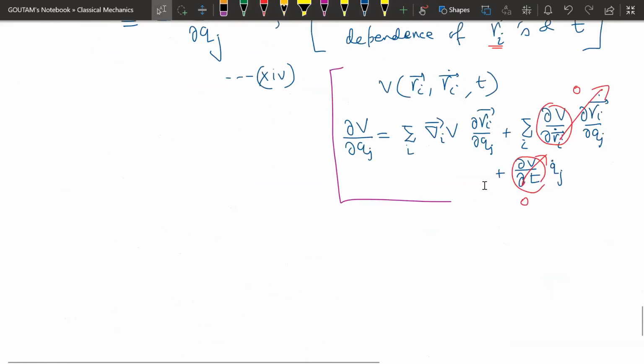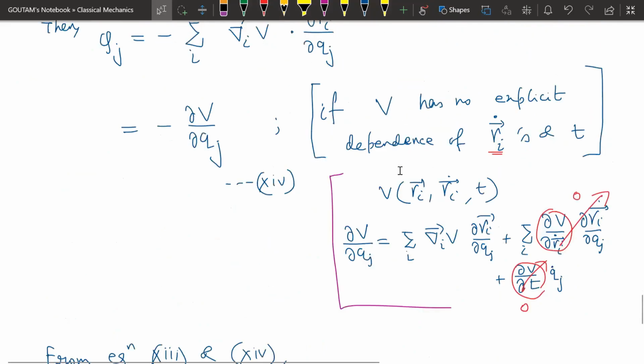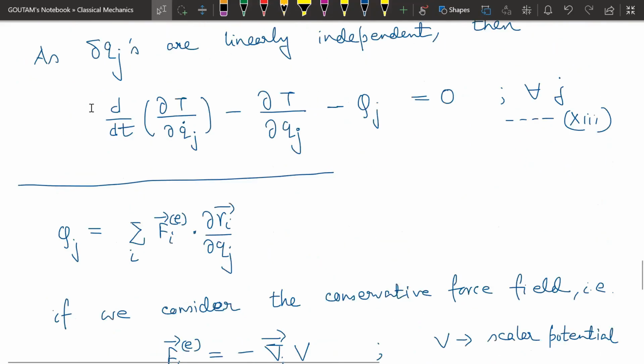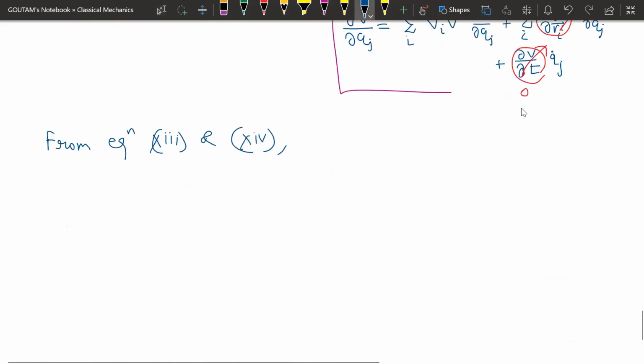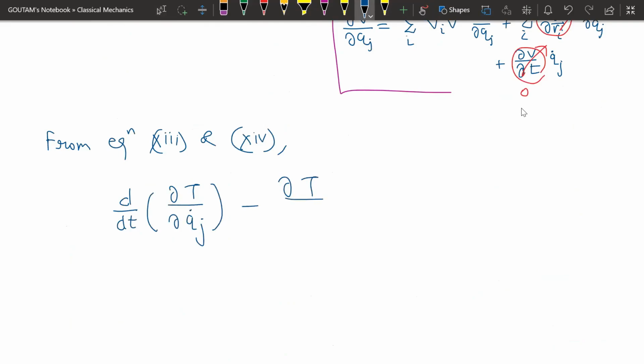Then from equations 13 and 14, what we have is d/dt of del T del qj dot minus del T del qj.